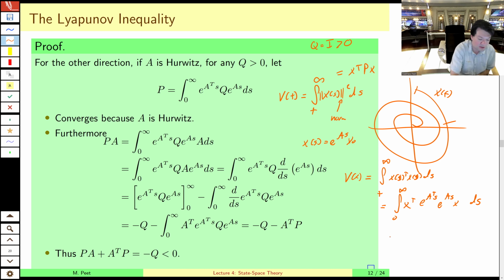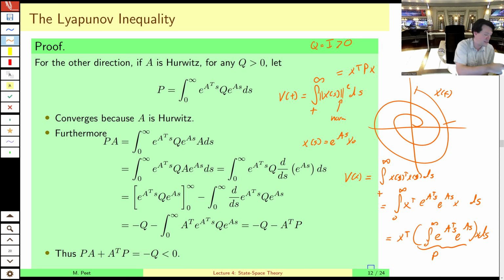It's the initial condition. So we just pull that out, x transpose, and we have the integral from 0 to infinity of the matrix exponential itself, and there's an x here. And we'll just call that P, and then we're done. We have a Lyapunov function, x transpose Px. And as we argued here, the length of the solution is decreasing with time, and so it stands to reason that this is going to be decreasing.